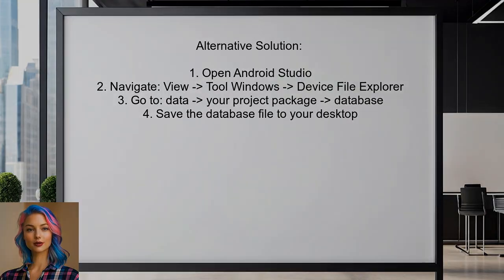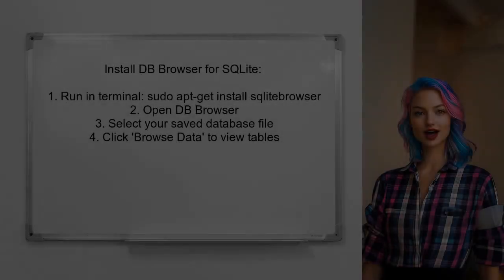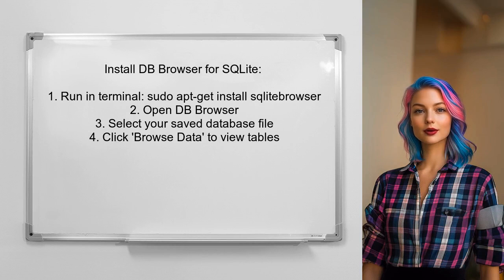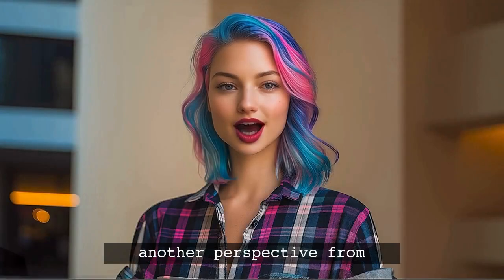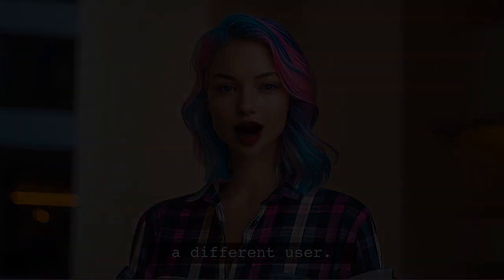Save the database file to your desktop. Next, install the DB browser for SQLite. You can do this by running sudo apt-get install sqlitebrowser in your terminal. After installation, open the DB browser, select the database file you saved, and click on Browse Data to view your tables.